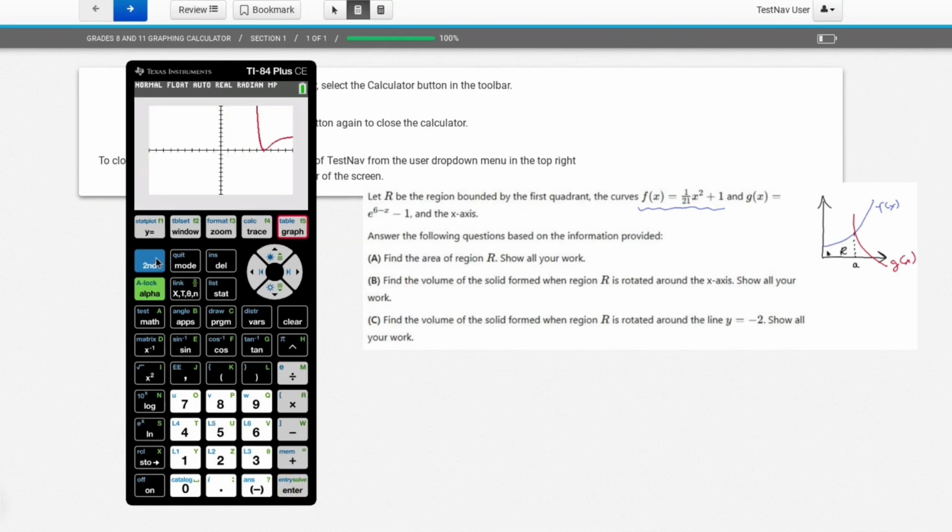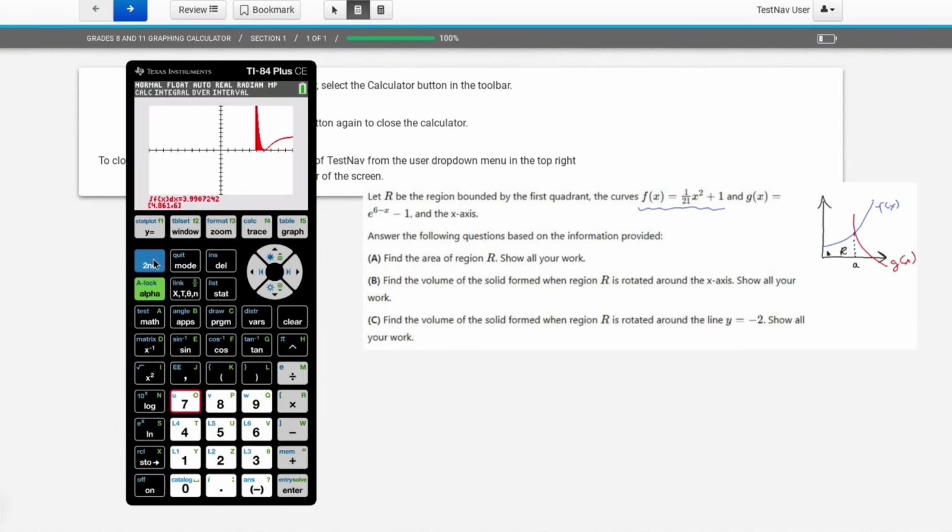Let's integrate that by hitting second, trace, which takes me to calc. Go to 7. I care about all the stuff between 4.861 and 6. And it gives me a value there of 3.9907, which is 3.991.